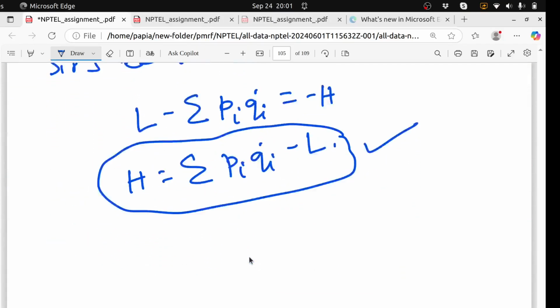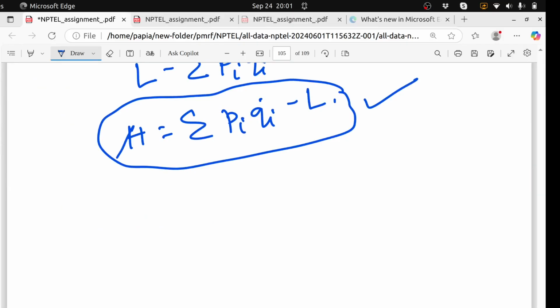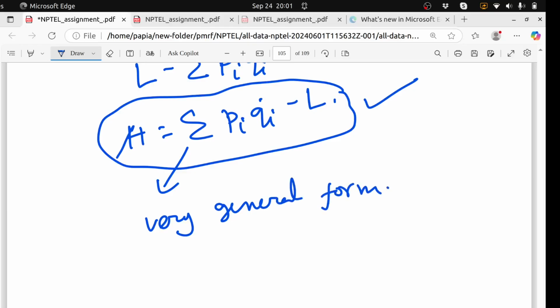Now coming to another expression. This is a very general form.